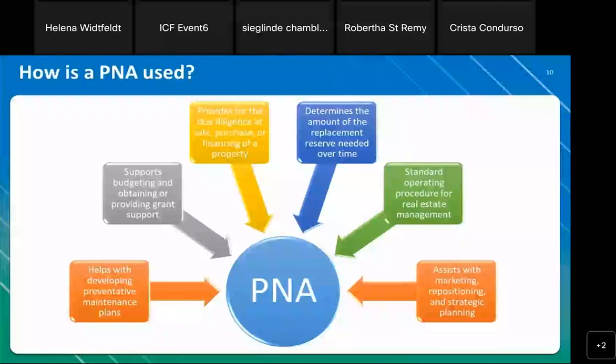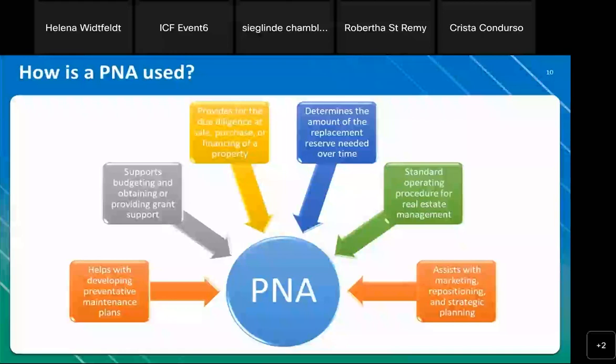It provides due diligence, especially when you have a sale, purchase, or refinance, on the current value of the building, if it's not being improved, and what it's worth. It helps determine the replacement cost or the reserve needed in the future through your pro forma calculation, how much money you need to set aside, and if you have enough.